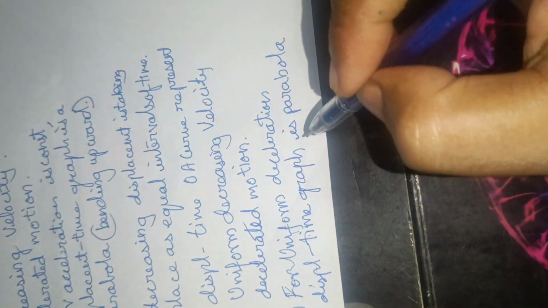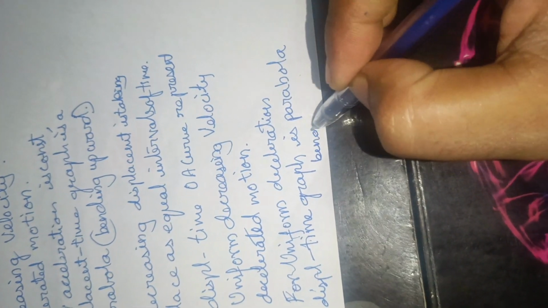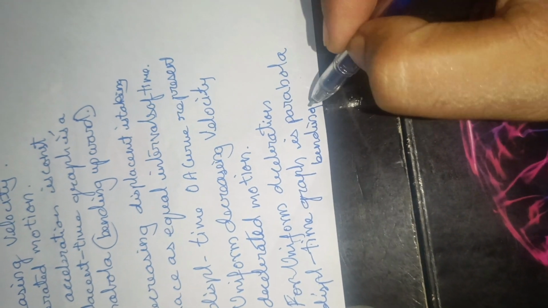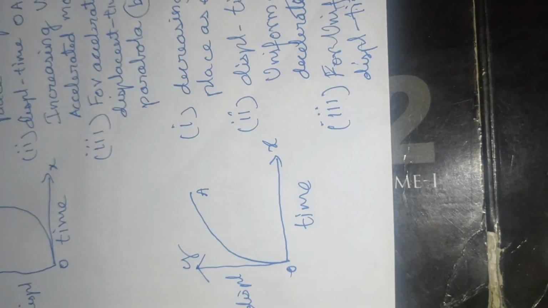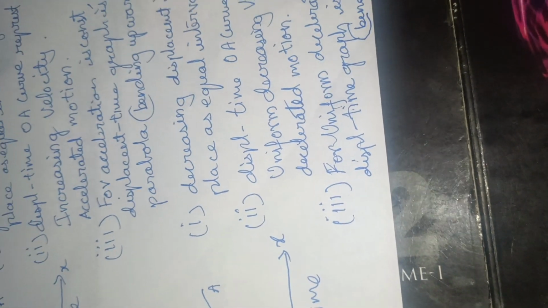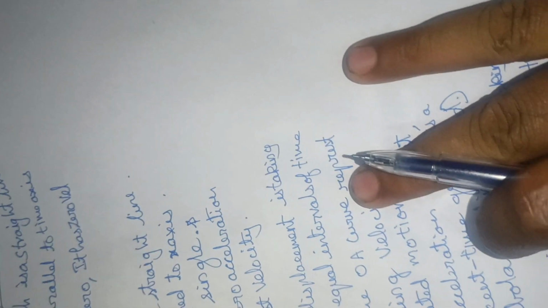Sir, what do you mean by parabola here? It is bending downward. By seeing the graph itself, you can understand it is bending downward. Though it is a parabola, it is bending downward.